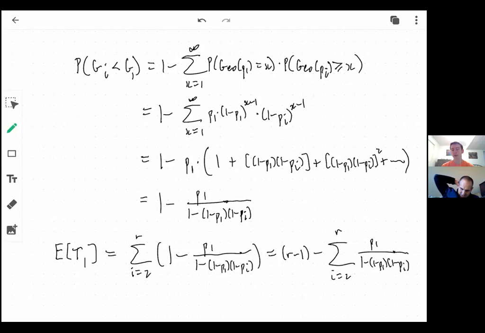So you just get R minus 1 minus R plus 2, so you get 1, right? So hold on. If P1 was 1, the summand would just be 1, right?